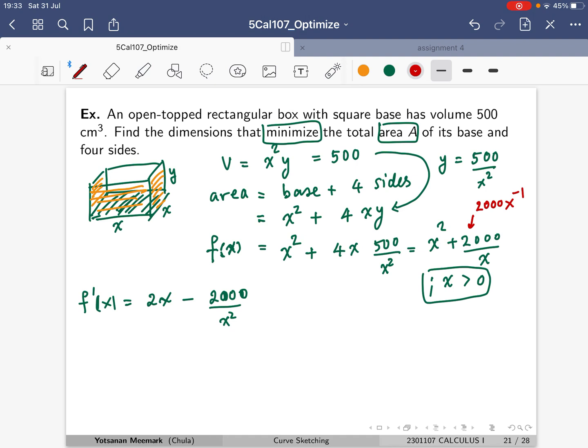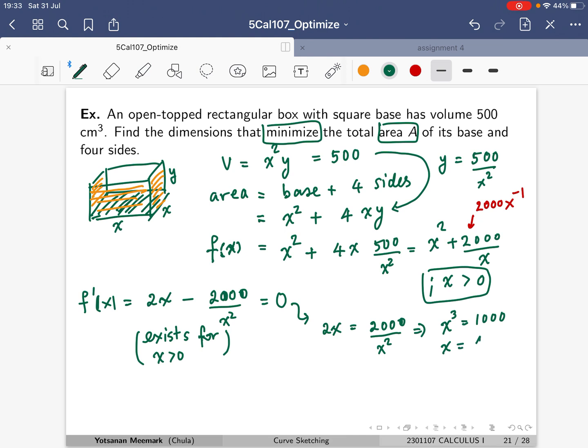Then you make it equal to 0, because this is defined for each and every positive value of x, so the only critical value occurs when f prime equals 0. So you get 2x equals 2000 over x squared. Cross multiply, you get x cubed equal to 1000, so your x is simply 10 centimeter.